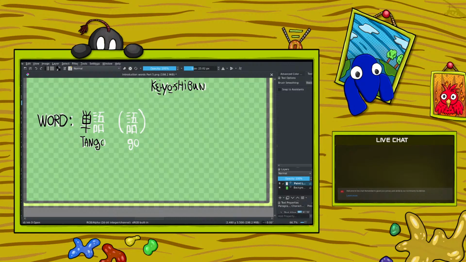Tango. And again, tan, and then this is the go.